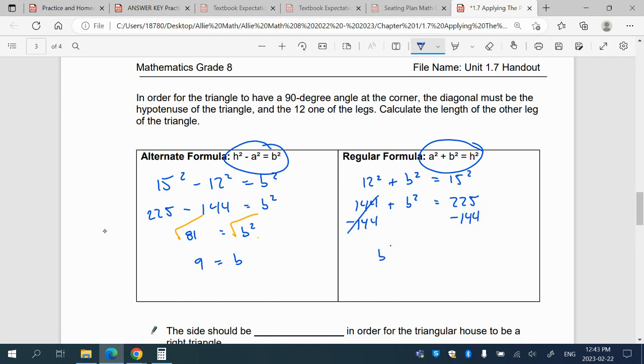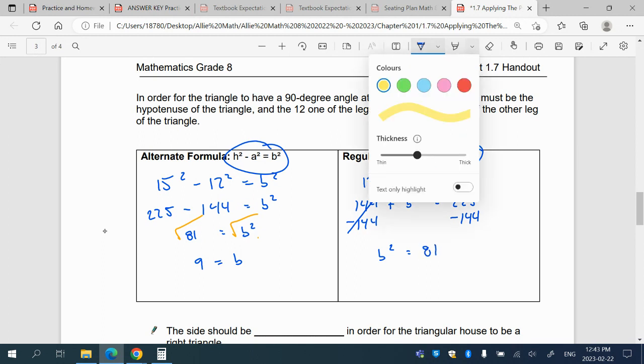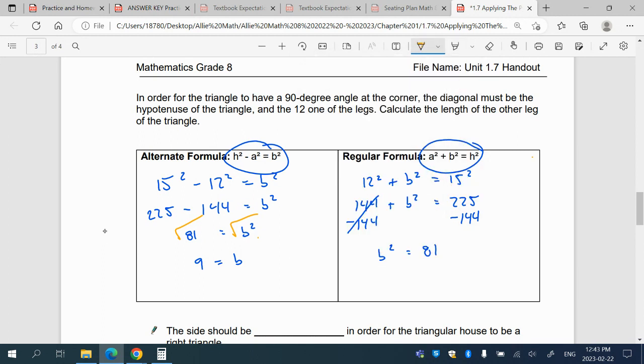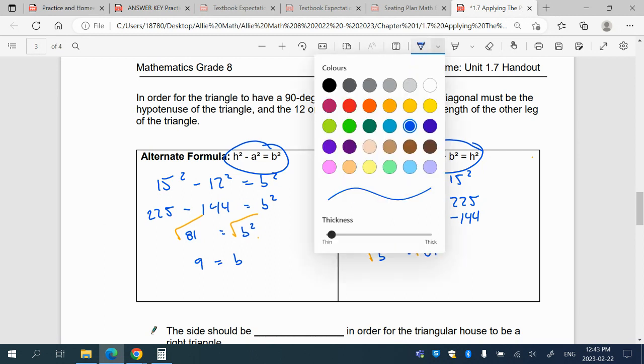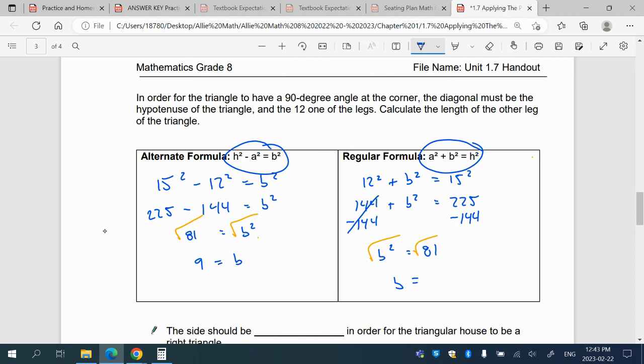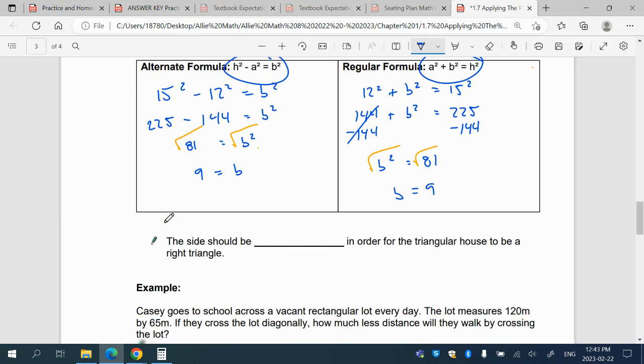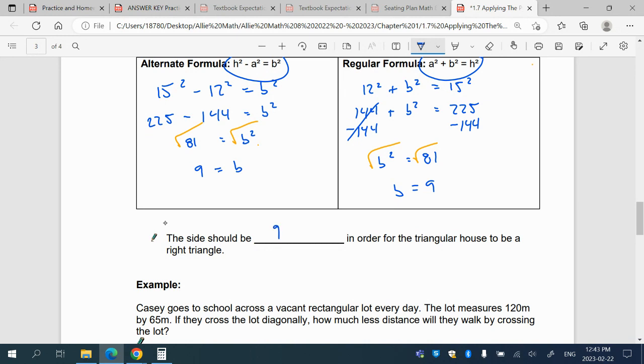We're left with b squared equals 225 minus 144, which we know from over here is 81. Then we do our final step of taking the square root to get rid of this exponent right here. And we're left with b equals 9. So same no matter which way we do it. So the side should be 9 meters in order for the triangular house to be a right triangle.